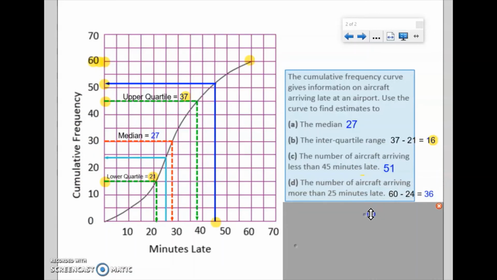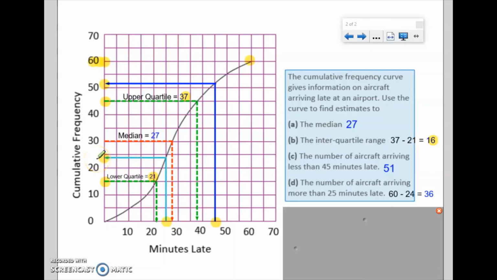Question D. The number of aircraft arriving more than 25 minutes late. Okay, so again, we're using the horizontal axis first, my x-axis. I'm reading up at the value of 25, up to touch the graph, and then along, giving me an estimate here of 24.